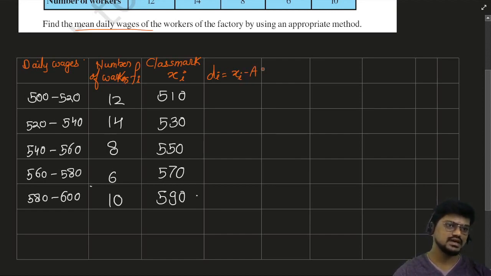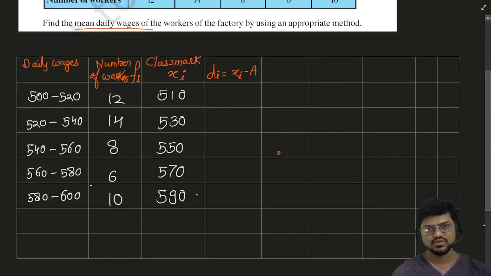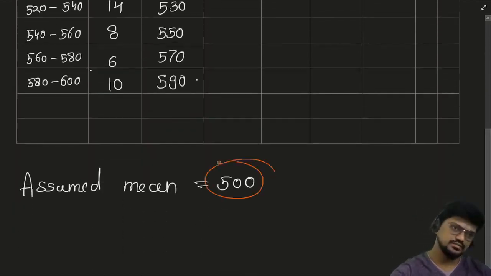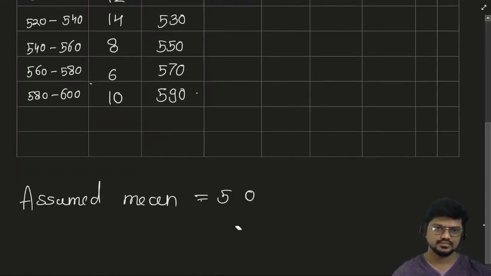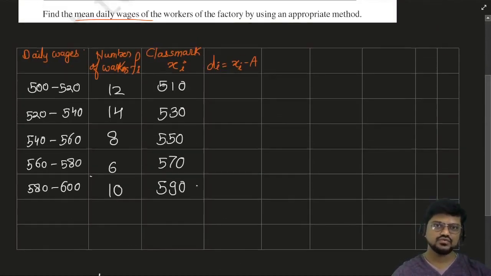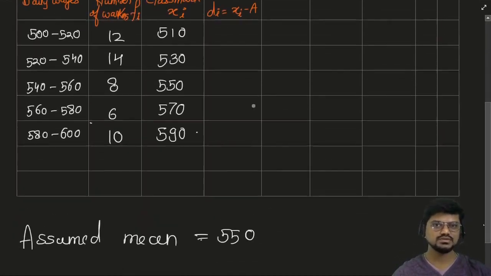So your assumed mean is 550. So 510 minus 550 gives you how much?